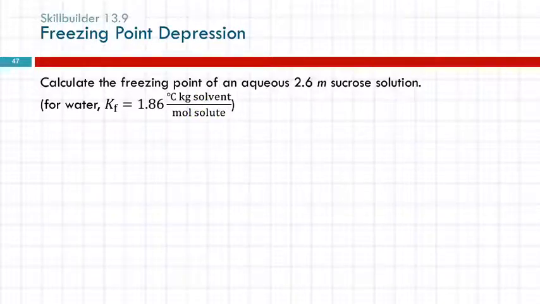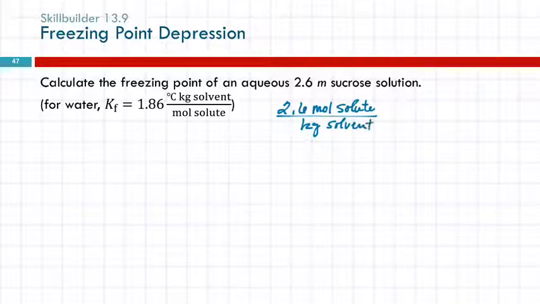Even if you forget what the equation is, which it is given on my exam, you can use the units here to figure it out, because 2.6 molal, when we write that by hand, we want to write out what it means, not the abbreviation. That's 2.6 moles of solute per kilogram of solvent. And these units are going to cancel out with the units in that factor.